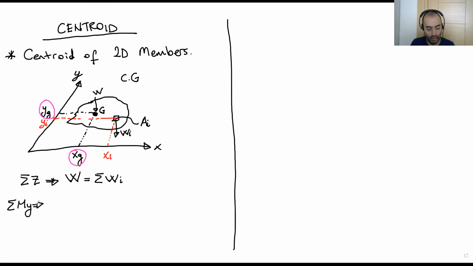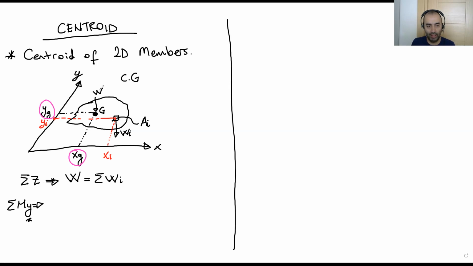Here the weight is weight times xg. I'm gonna calculate the moment, because this is around the y-axis. Okay, according to the y-axis.